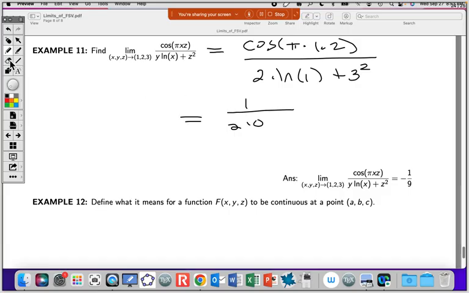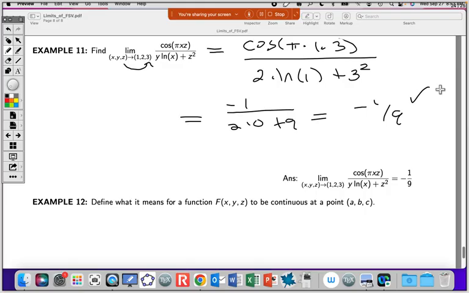Oh, I'm sorry, this is a 3 here. Z is going to 3. Sorry about that. So this is the cosine of 3 pi, negative 1, over 2 times 0 plus 9. Boom, negative 1/9. So the substitution principle is alive and well with limits of functions of 3 variables.